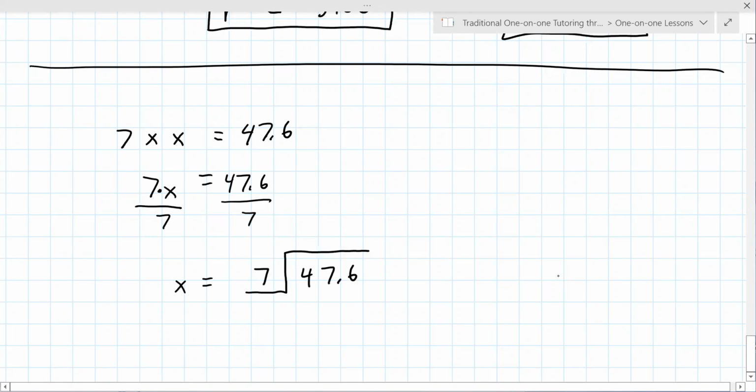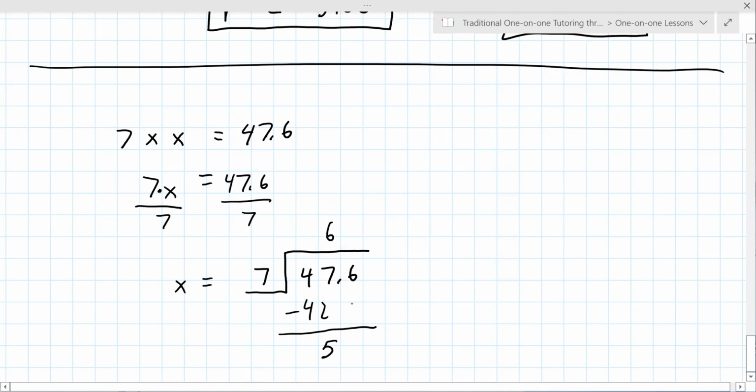That's your multiplication table. So then 7 goes into 47. The closest it can get is times 6, which is 42. Yep, so 6 and then 42.